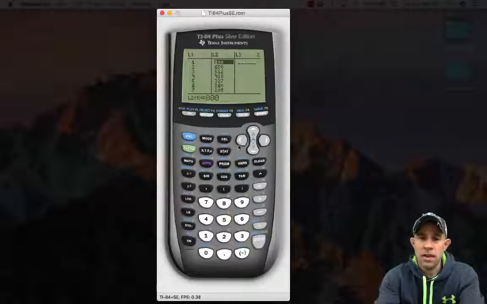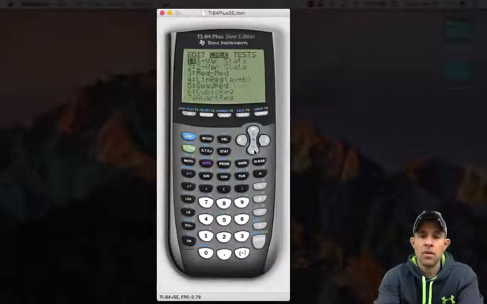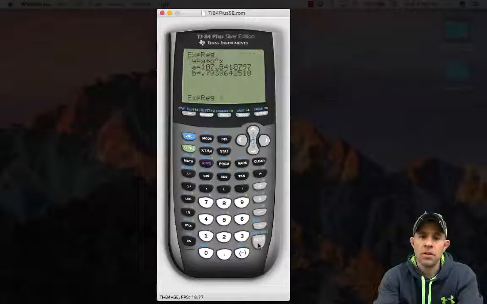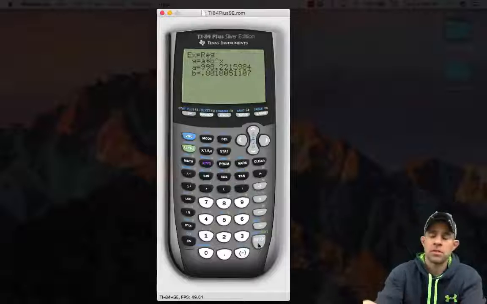Okay, now that we have our data entered, we're going to go back to stat, over to calc, and then down to exponential regression again, and press enter on our exponential regression to calculate that exponential regression curve.